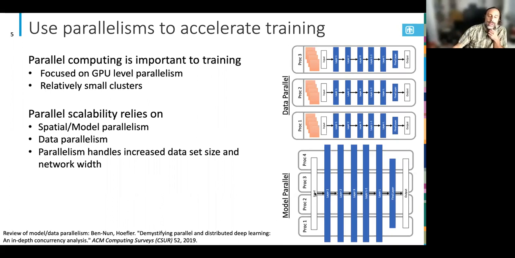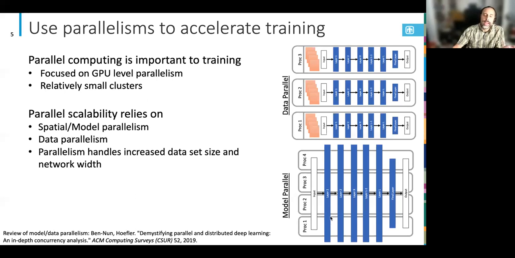And so what you end up doing in this case is you can break up the neural network, the evaluation of each neural network layer, across processors. Okay, so here you would say, well, this subset of the domain, say subset of the image, is going to be processed by processor 1, another subset is processed by processor 2, and so forth.